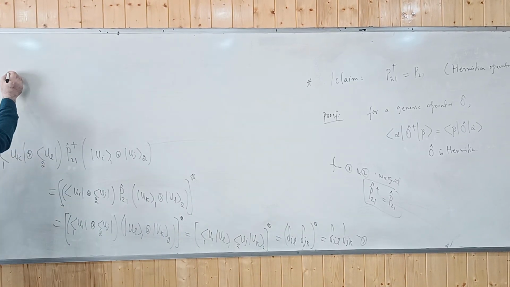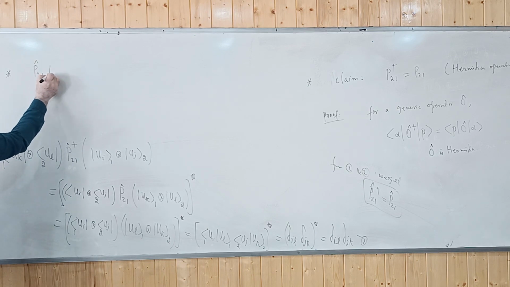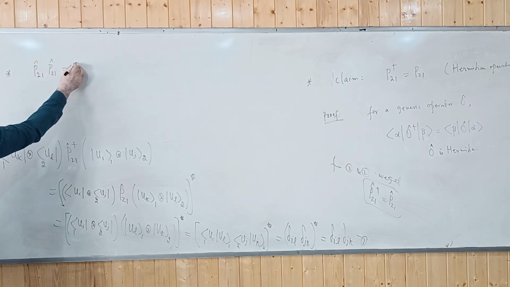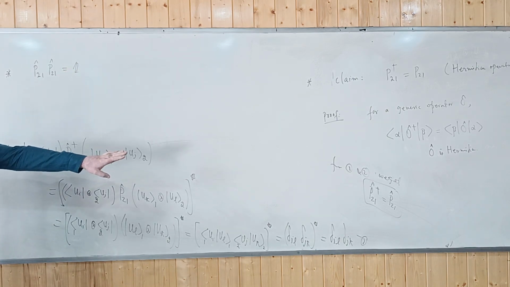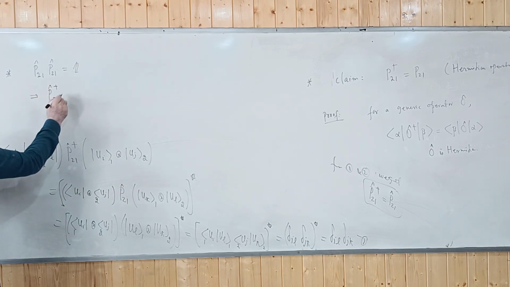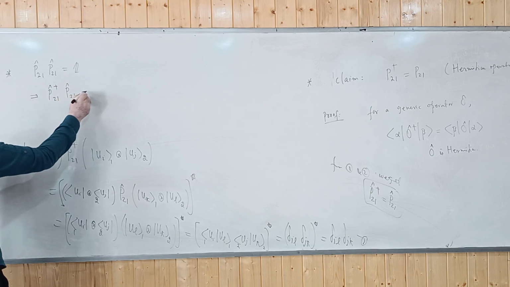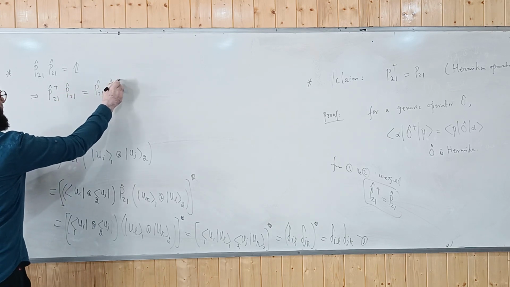Now let's take a consequence of this thing, what it means. We have just seen P21, P21 is equal to identity. Clear? Now can I put one of the P21s as P dagger? Because it is Hermitian. So it implies like this, P dagger to 1, P21. So that is actually same as P21, P21 dagger.